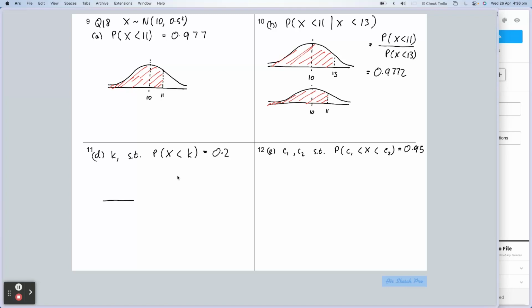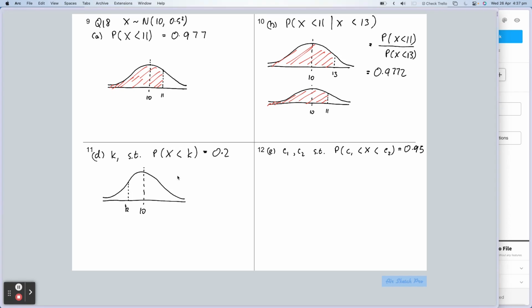I have my probability distribution. This is still question 18. So I've got a mean of 10, a standard deviation of 0.5. K is somewhere. Now, I can see that the probability is 0.2, and that tells me that K must be down here somewhere. I wonder why.